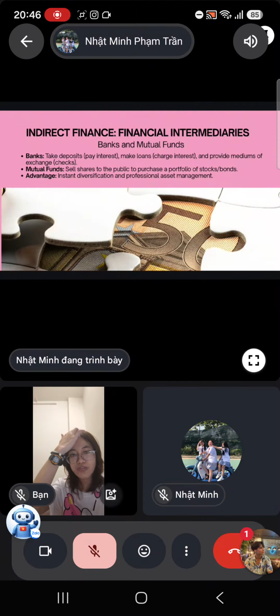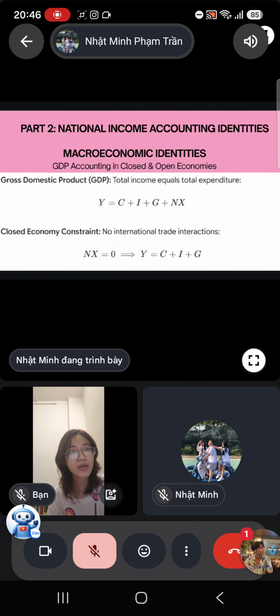And let's move on to part two, national income accounting identities. The first macroeconomic identity. Now let us look at national income accounting.